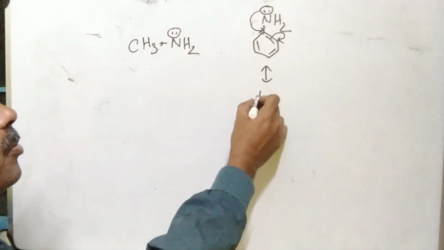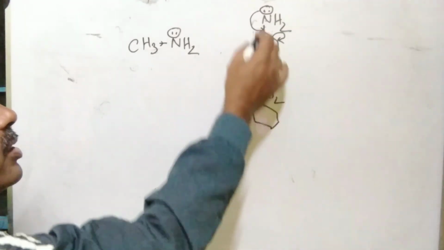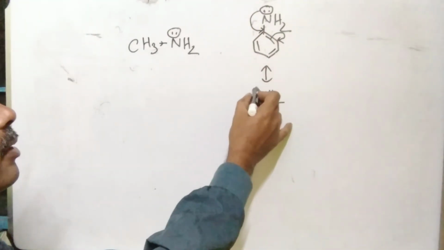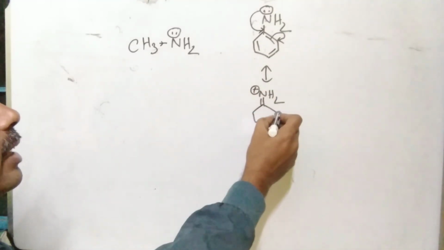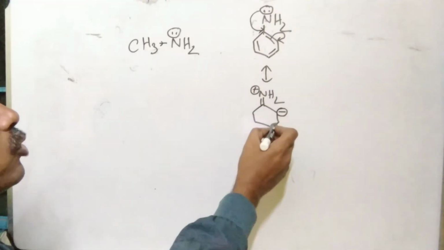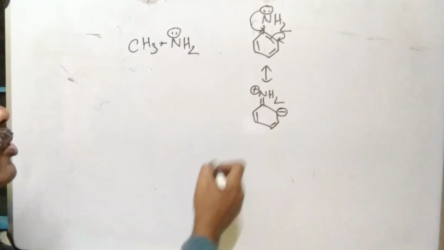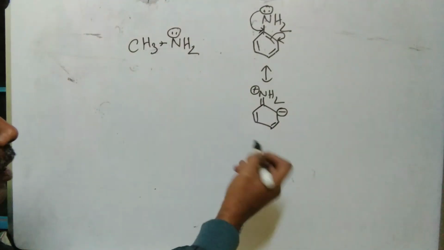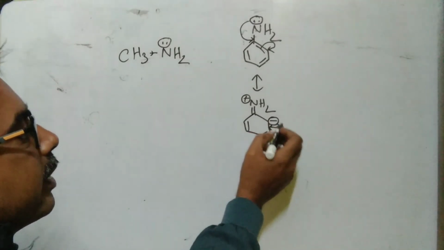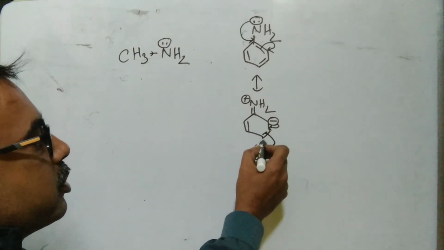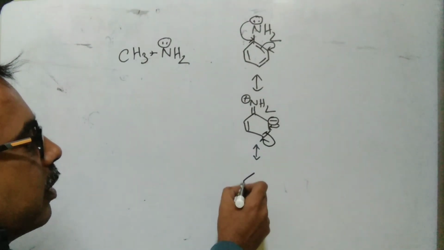Here a double bond is formed with NH2, since nitrogen has given its lone pair electrons, nitrogen will carry a positive charge, and this pi bond is broken and a negative charge is formed here, and the other two pi bonds remain intact. Then another resonating structure is formed, where the negative charge makes a double bond and this pi bond is shifted to this carbon.